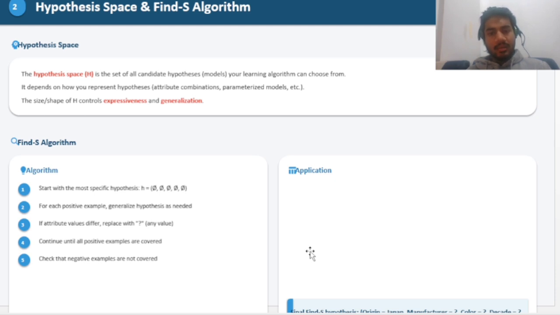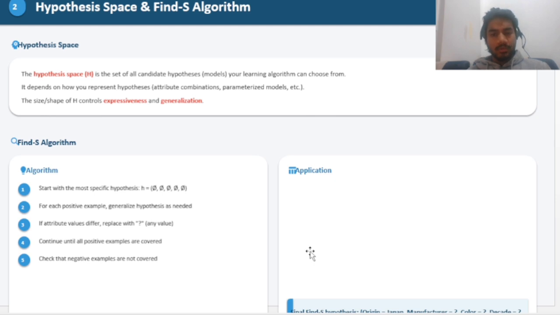Second is the Find-S algorithm. Find-S starts with the most specific hypothesis and makes it more general as it encounters positive examples. Based on the car data set in the question, after applying Find-S, we get the final hypothesis and the values are on our PPT screen. This is the most specific rule that matches all positive training examples. This is all about question number 2.